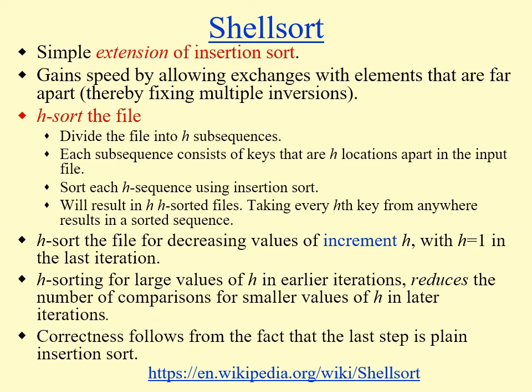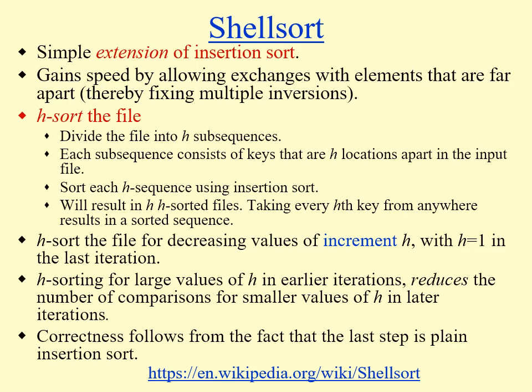Next, h-sort the file for decreasing values of increment h, with h equal to 1 in the last iteration. That means we have generated an h-sorted file. Next, we reduce h, and h can be different numbers.